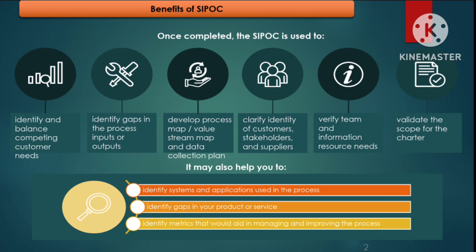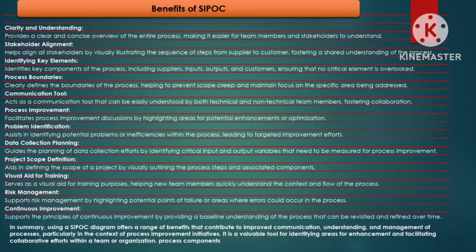So it gives you the very high level end-to-end process information. It also gives you the clarity and understanding of the process, and better stakeholder alignment. You know the key elements of the process. Now you have gone through the entire process of suppliers, inputs, outputs, and customers. Now you know each segment and people or stakeholders involved in this, and you also understand the boundaries of the process.